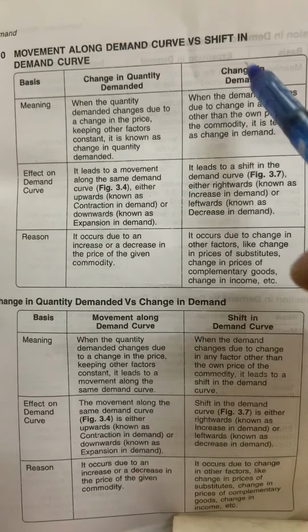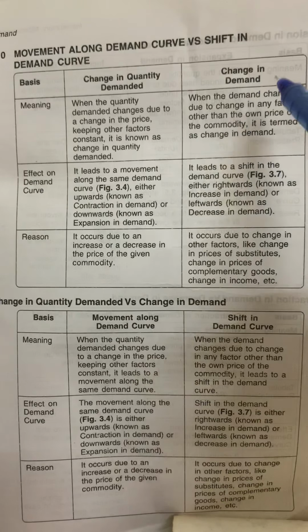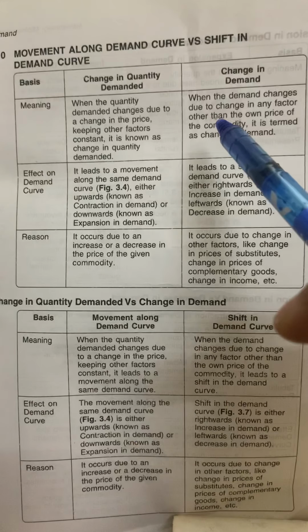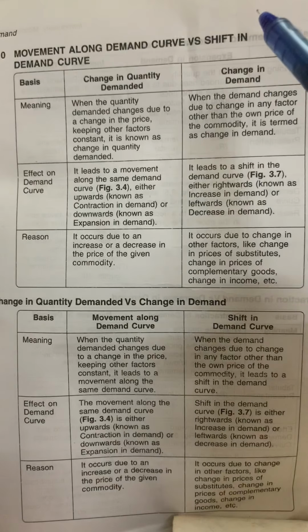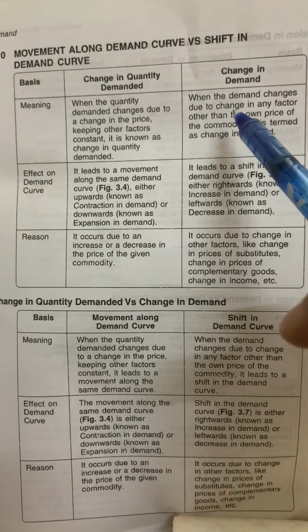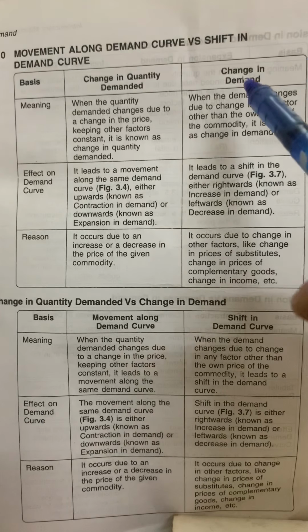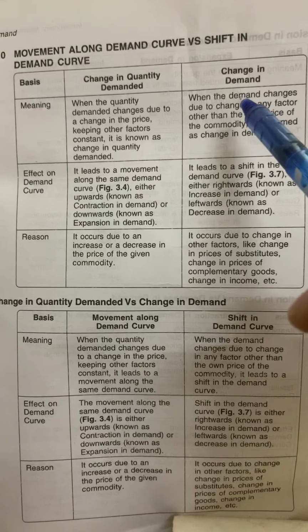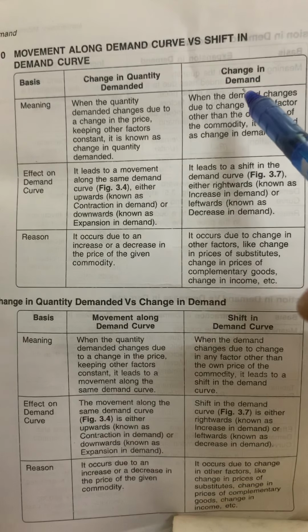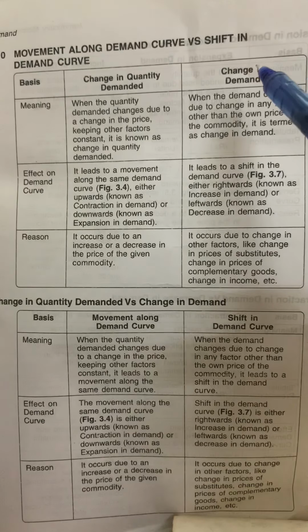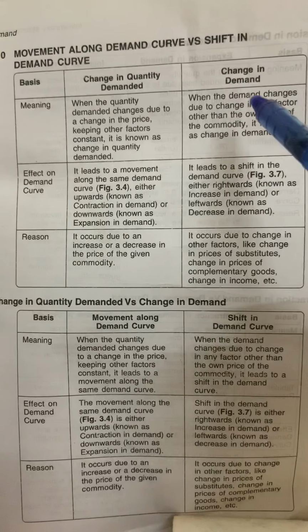Change in demand is taking place due to the other factors. Then it is change in demand. Other factors are price of the substitute goods, price of the complementary goods, income of the consumer, taste and preference of the consumer, etc.